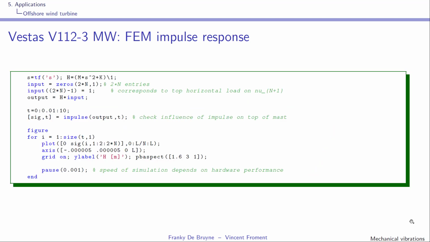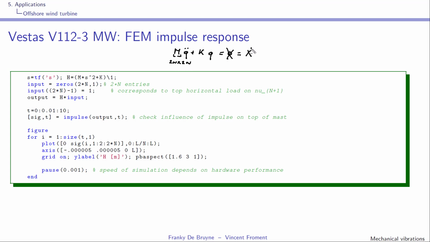Well, so far we have used the following description. So this is our matrix M, so M q double dot plus K q is equal to 0. But what we can do is replace this and add an input here. So this one has dimension 2n times 2n.